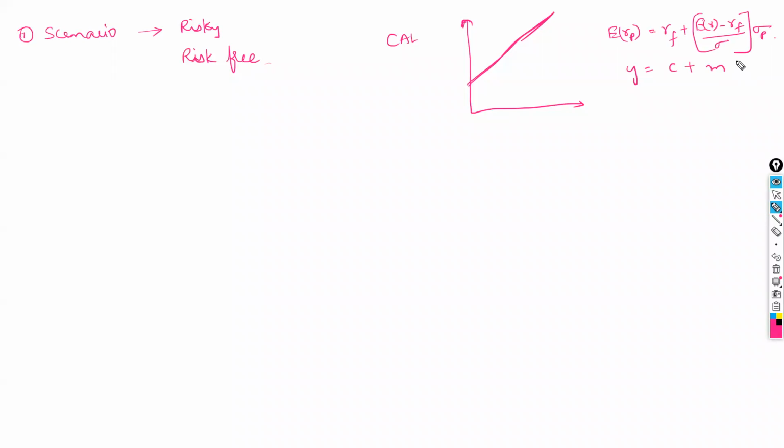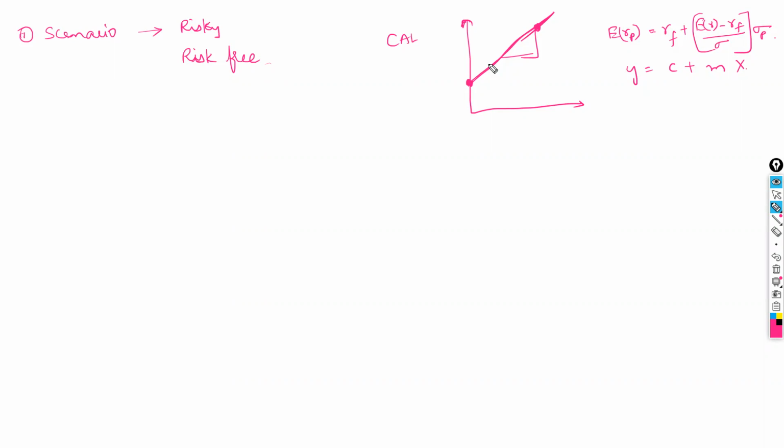This one is x. And the slope of the line is given using this. All the portfolios would be here. If you want 100% risk-free, you invest here. 100% risky, you invest there. Anywhere in between would be in combinations. This is what we have discussed.